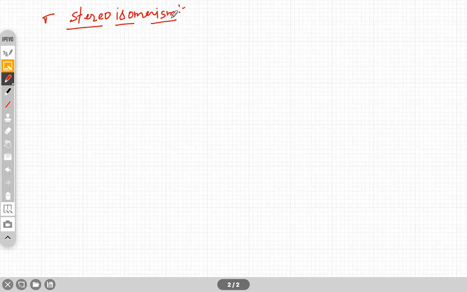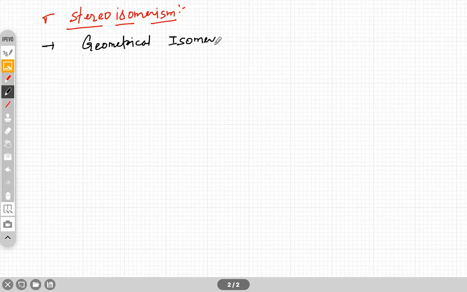So we know two types of isomerism this has. One is geometrical isomerism, and the other one is optical.